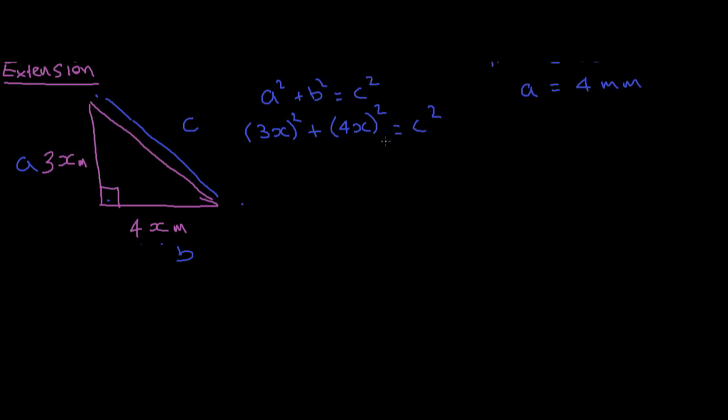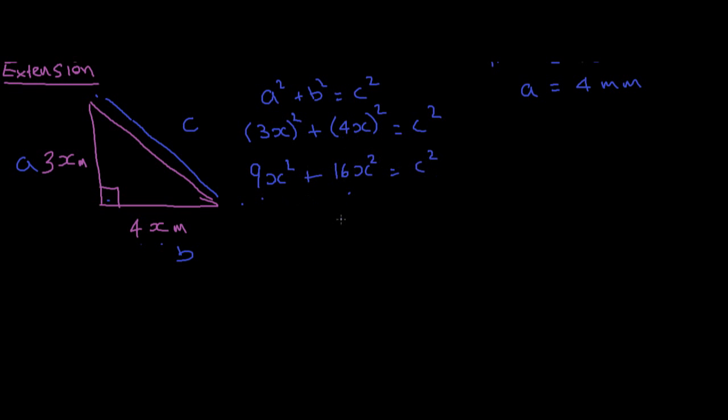Now what is this? What this means is you've got 3 squared, which is 9, and then square the x, which is just x squared, plus square the 4, 16, then square the x, x squared, is equal to C squared.